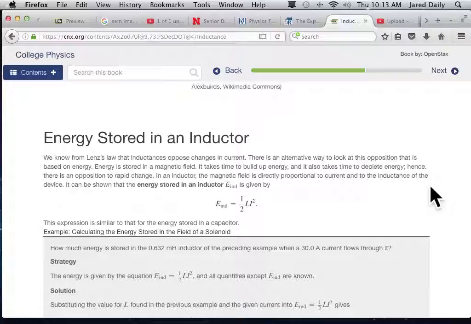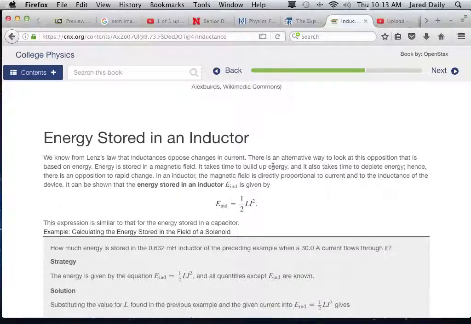When you unplug it, that spark that's created is from the energy stored in the inductor. So the inductor stores energy that wants to drive things in the opposite direction, right? And so it's actually part of the self-inductance of the inductor. And it's directly proportional to the square of the current that is going through the inductor, it turns out.